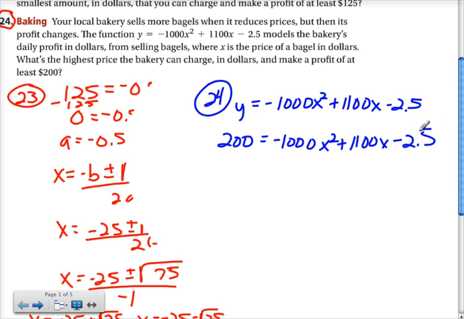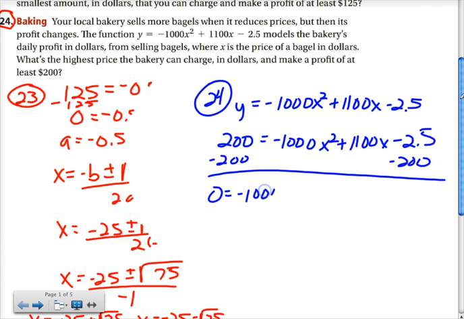All right, so there's our equation with that 200 in there for y. And just like last time, what we want to do is get everything over on one side so that we can go ahead and use the quadratic formula. So that means subtracting 200 from both sides. So 0 will equal negative 1,000 x squared plus 1,100 x minus 202.5.